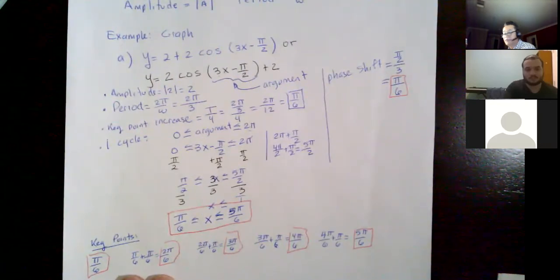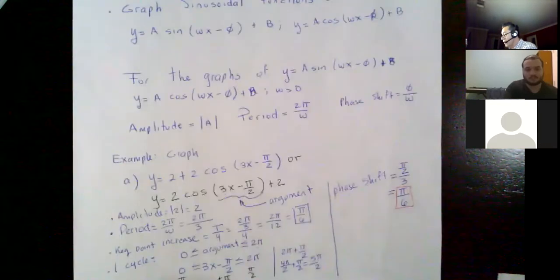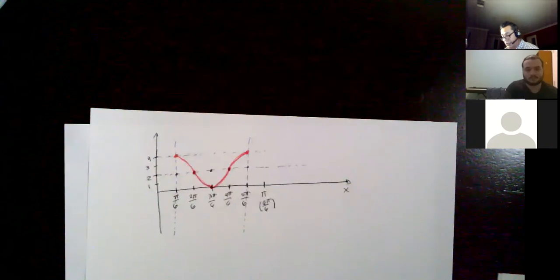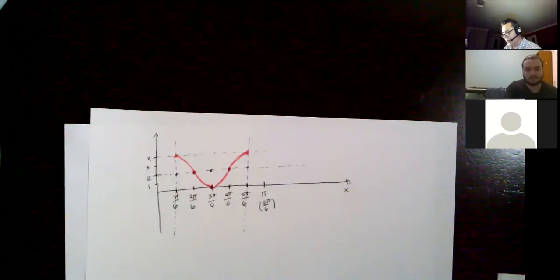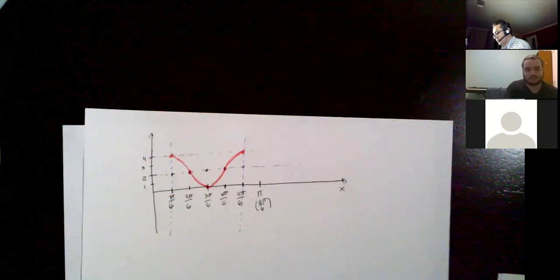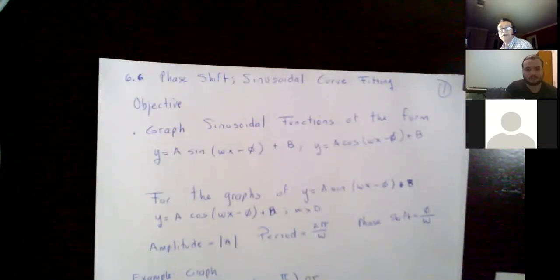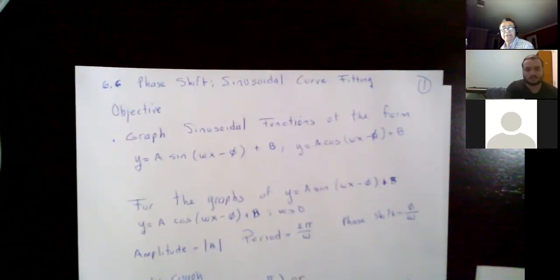That's it for 6.6. So I included a couple more exercises in 6.6 in your handout, printout that you guys have, and you can try that later. Give it a try and see what you guys get, and if you have any questions, please let me know. So this is it for 6.6.